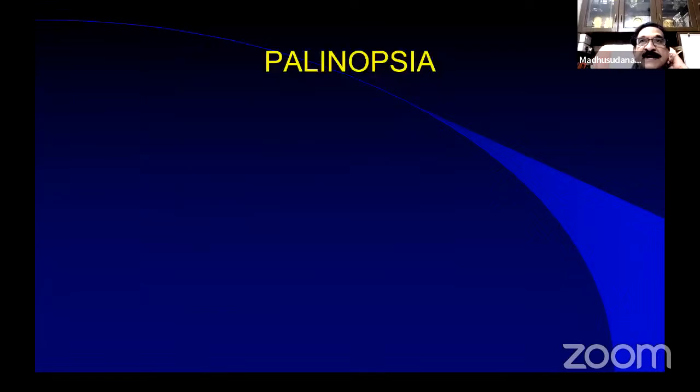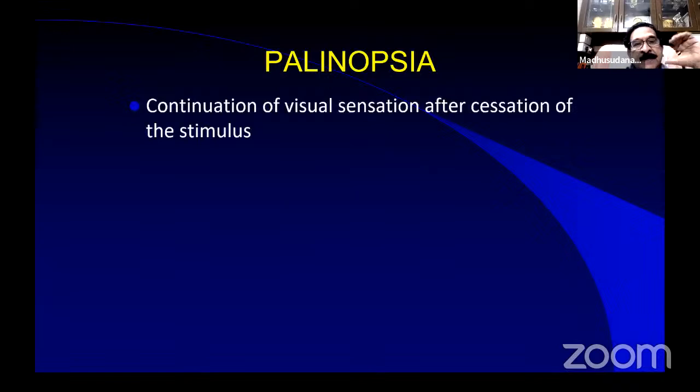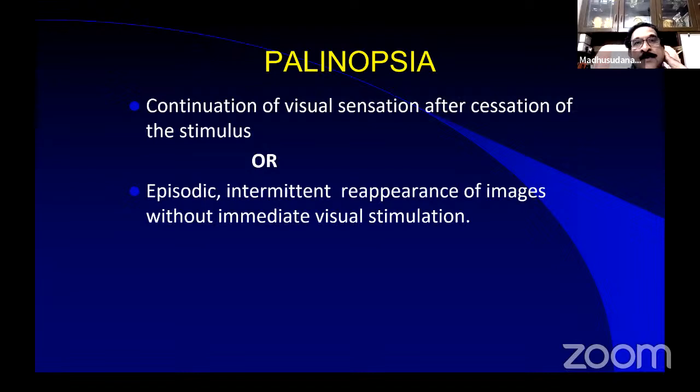Now, palinopsia, on the other hand, is the continuation of the visual sensation after cessation of the stimulus. If the stimulus is taken away, you still continue to see the previously perceived images. Or it can be an episodic, intermittent reappearance of images without immediate visual stimulation, appearing sometime later.